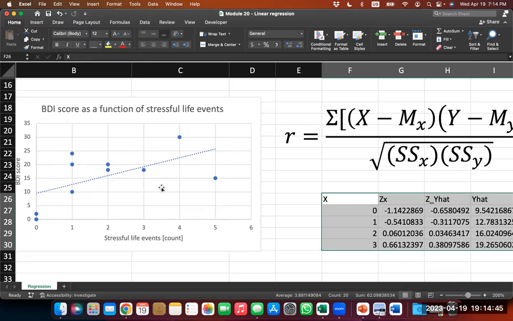Then we have 12.8 for x equals 1, then 16.2 for x equals 2, and then we have 19 for x equals 3. So this is basically how you build this regression equation out.